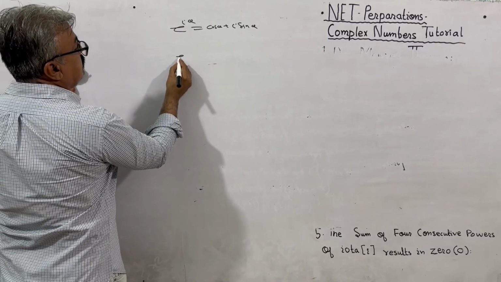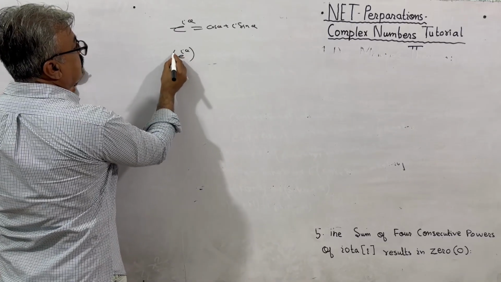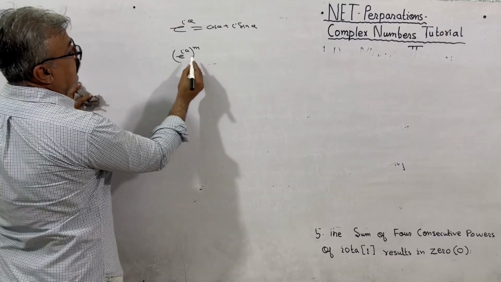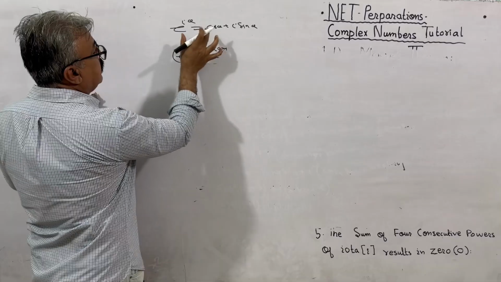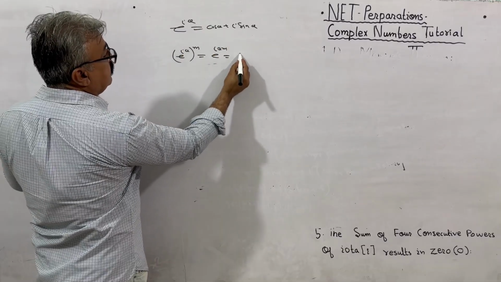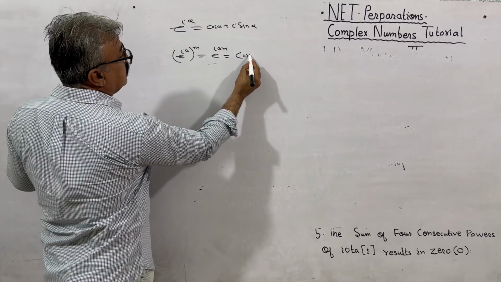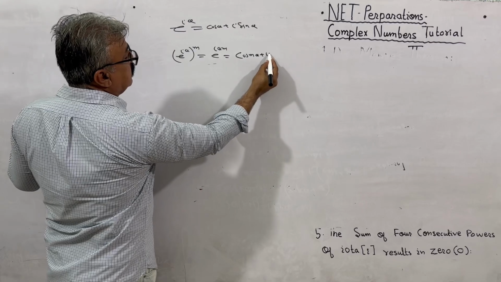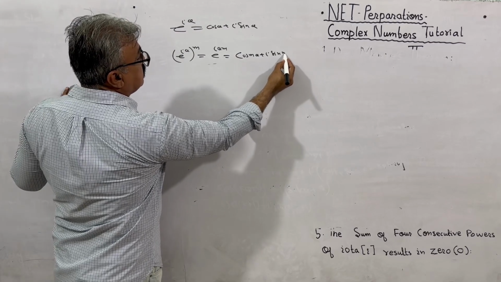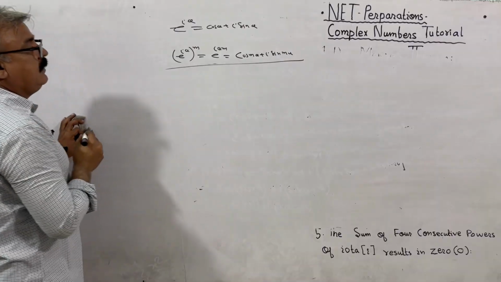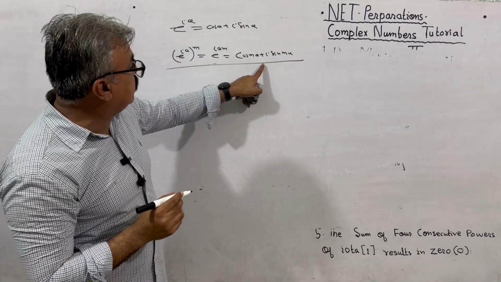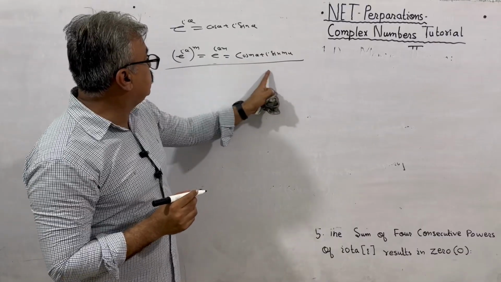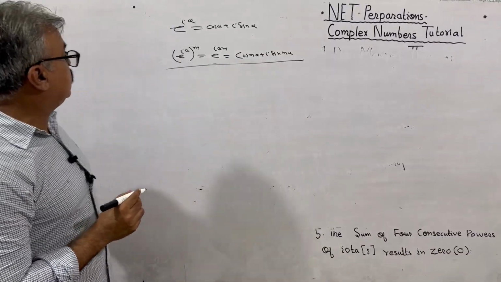If it is raised to any power m, e power iota theta power m, it will become e raised iota theta m. Utilizing this identity, we have cos m theta plus iota sin m theta. It's a wonderful replacement of de Moivre's theorem. You can switch over to this identity and work.